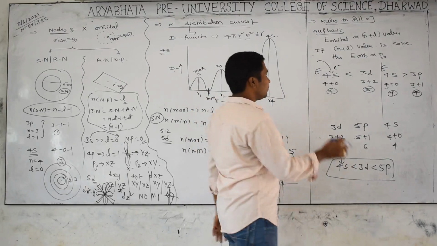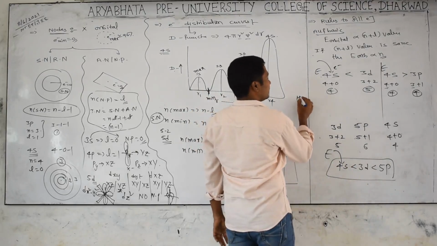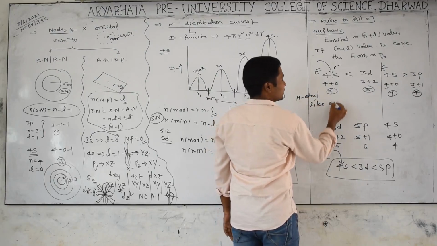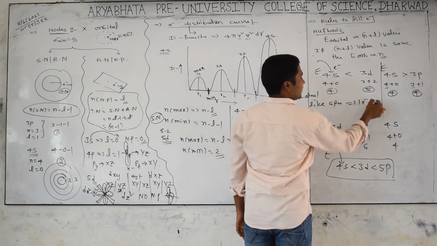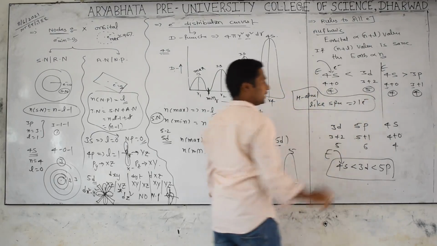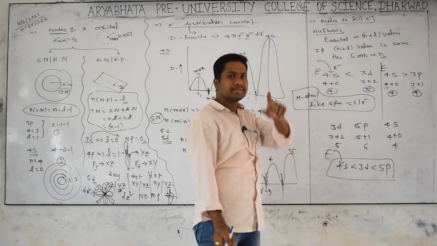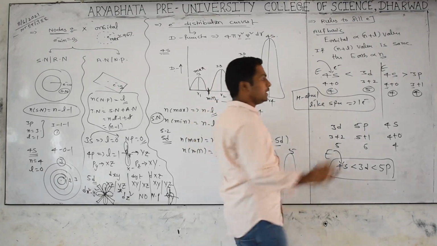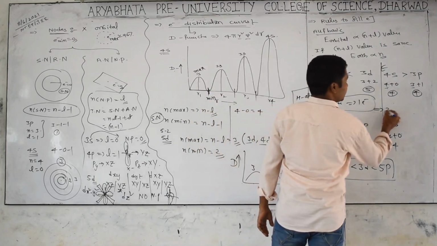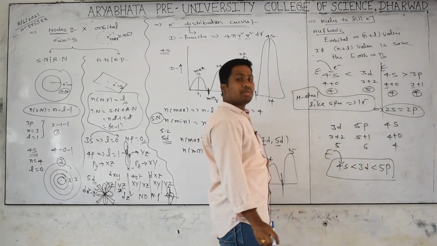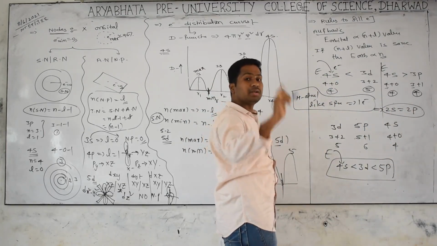But here one thing is there. In case of hydrogen atom and like species, meaning species containing one electron, it is important, he has asked it many times. In hydrogen-like species containing a single electron, in the second shell the 2s and 2p have the same energy. Why? Because there is only one electron, which is in the first shell.